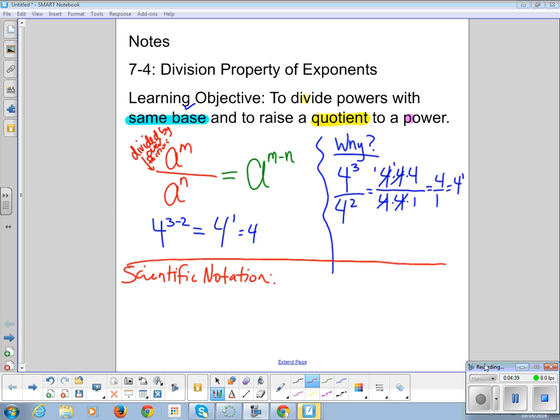So if we have a little problem where we have 7.33 times 10 to the 6, and yesterday we talked about scientific notation, that's when we make our number with one digit ahead of the decimal point, and then times 10 to the however many places we move our decimal point over. So that's scientific notation, and we use it all the time in, surprisingly enough, science.